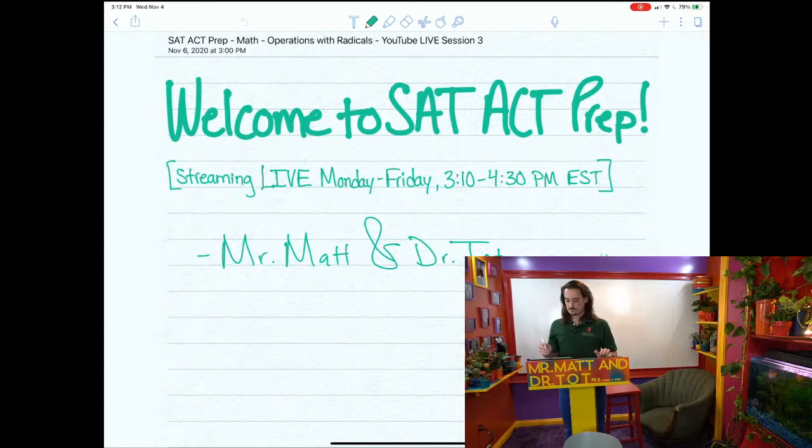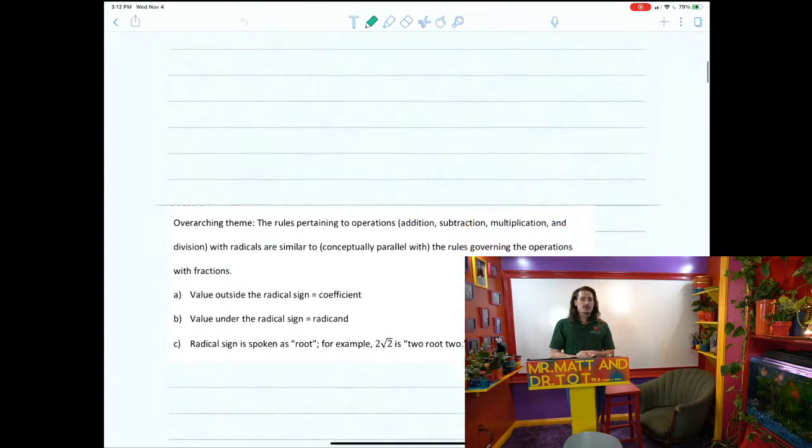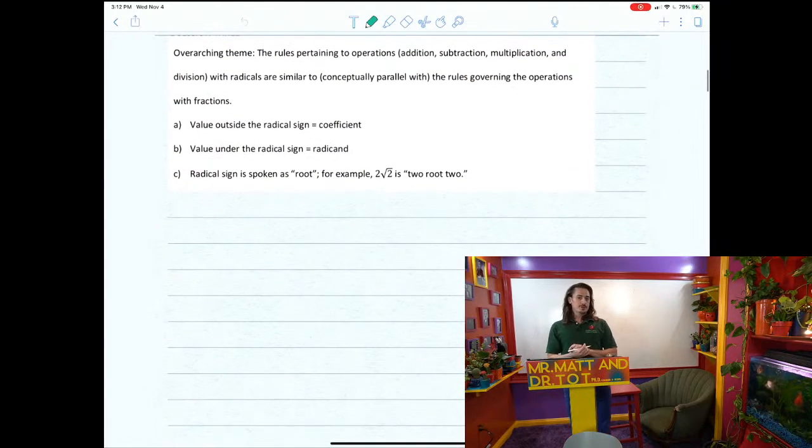Okay, so overall, remember that the rules with radicals are similar to, and can be remembered with, the rules of fractions. When we add or subtract fractions, we have to have common denominators.